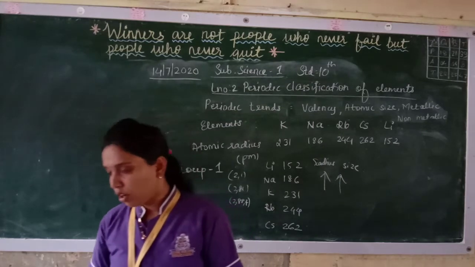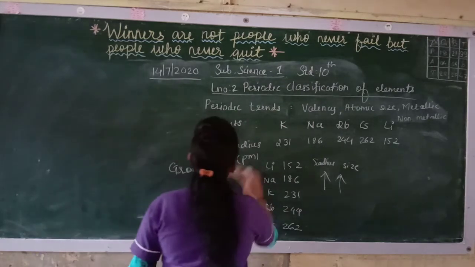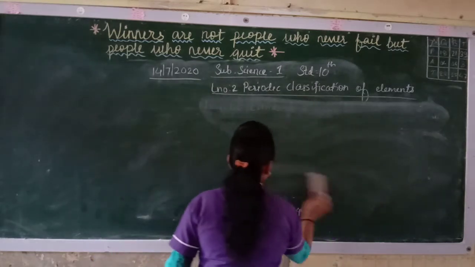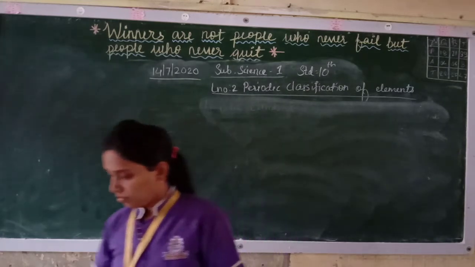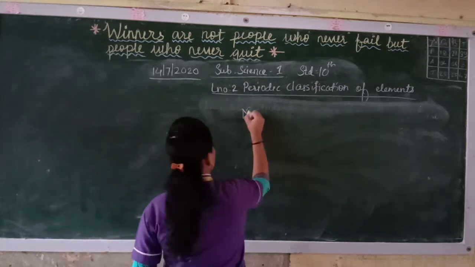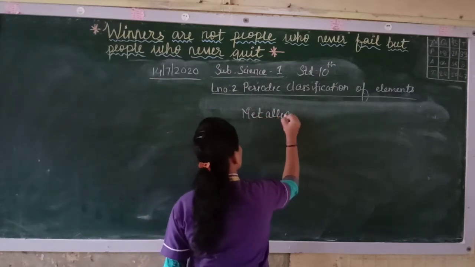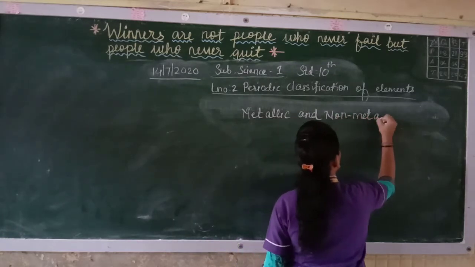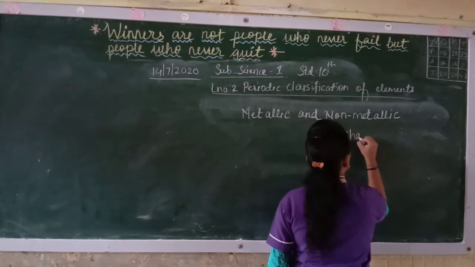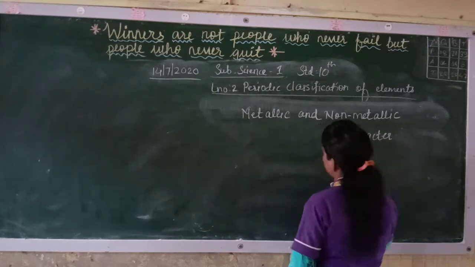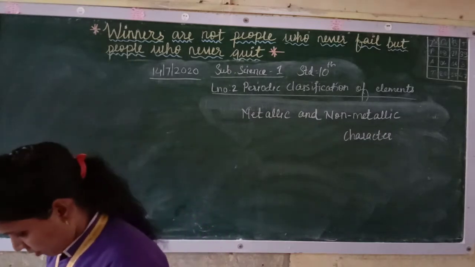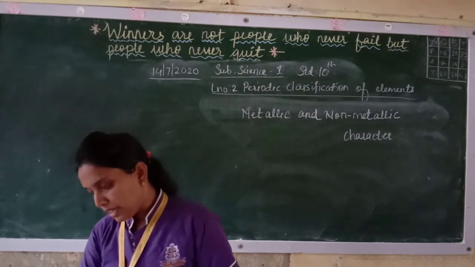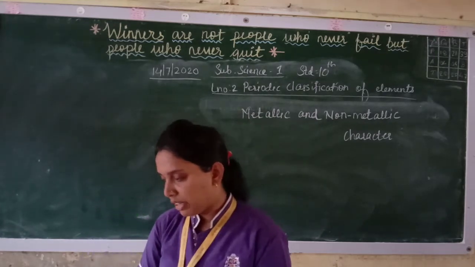Now we see the metallic and non-metallic character. Look at the elements of the third period and classify them as metals and non-metals.